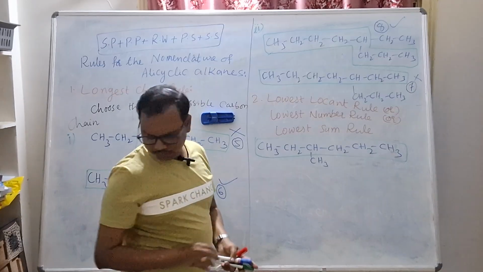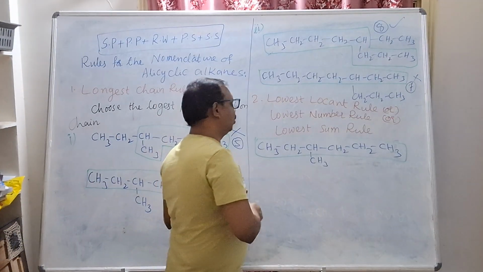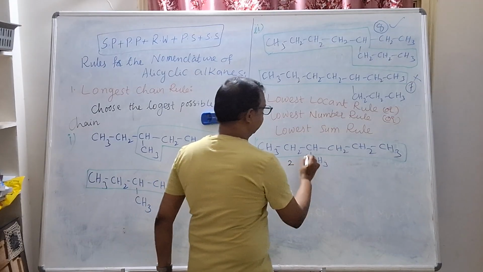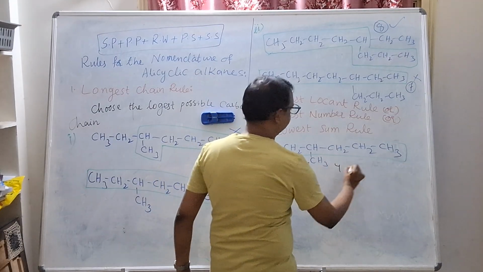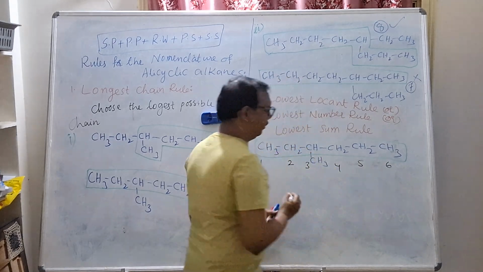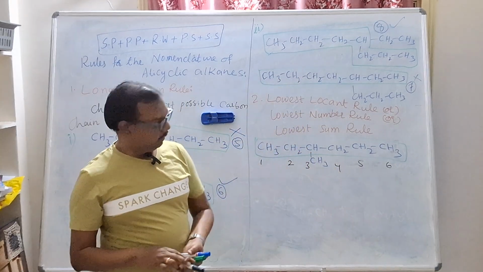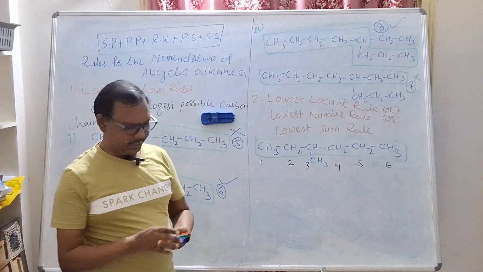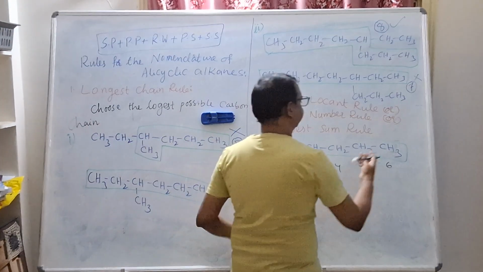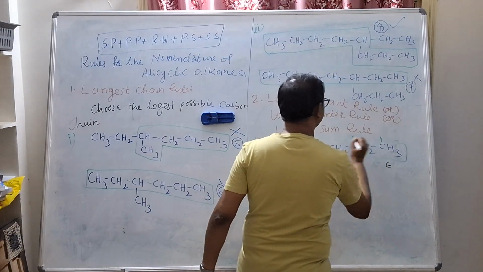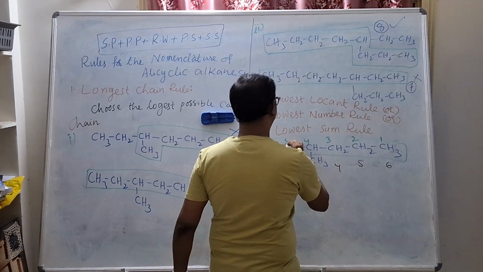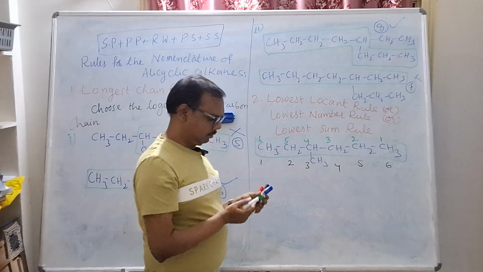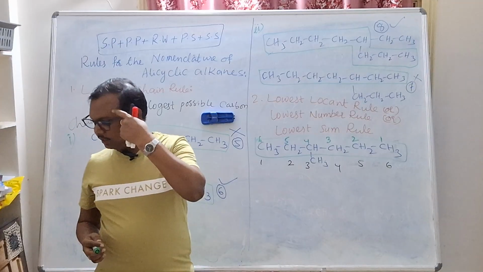Now, numbering can be done from where? There are 2 possibilities I am writing here. From here, number 1, 2, and this is third carbon, 3, 4, 5, 6. And one more possibility: from right to left, 1, 2, 3, 4, 5, 6. You can see there are 2 possibilities.